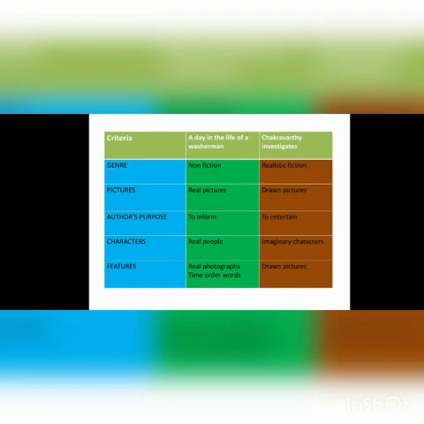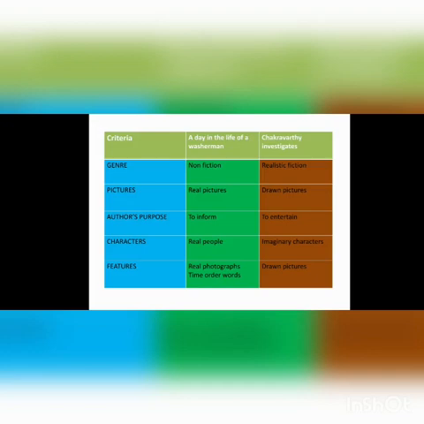Now, when you look at the pictures from both the lessons, A Day in the Life of a Washerman and Chakravarti Investigates, you will see that in A Day in the Life of a Washerman, the pictures are real pictures. They are real photographs.